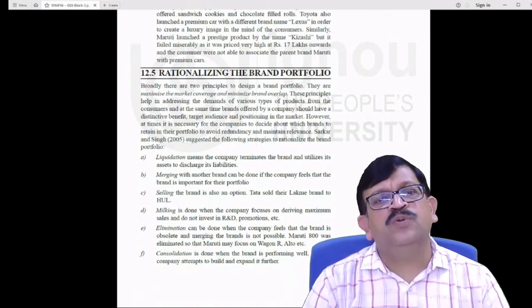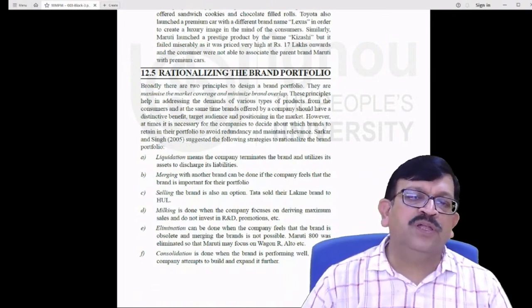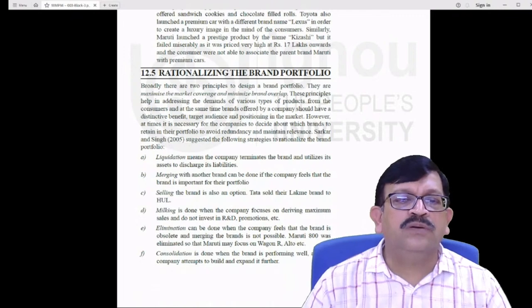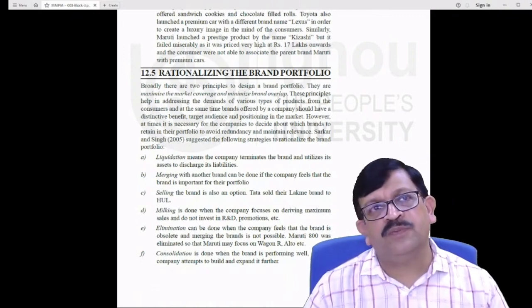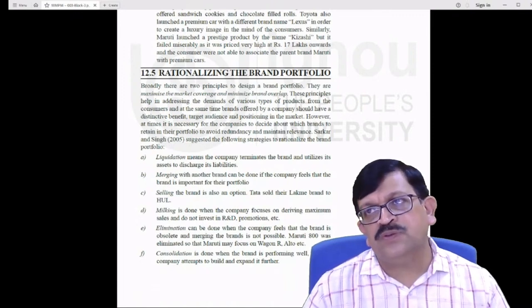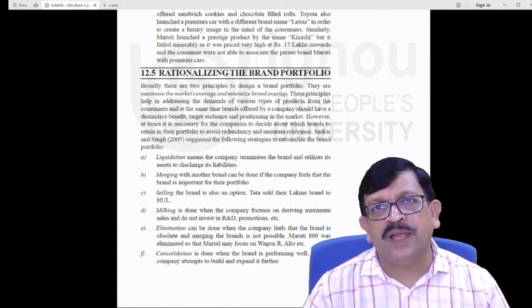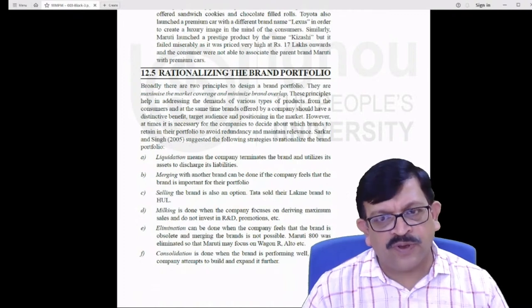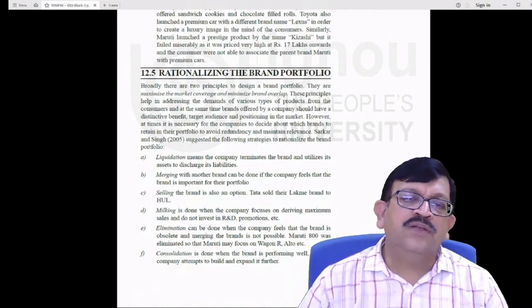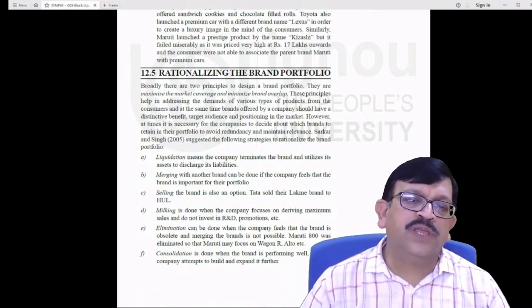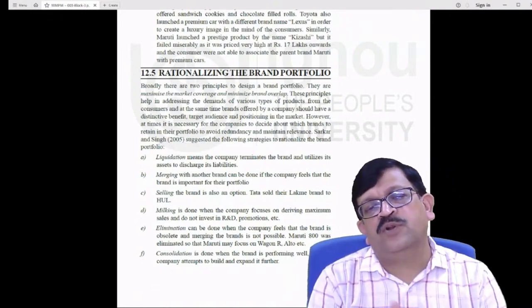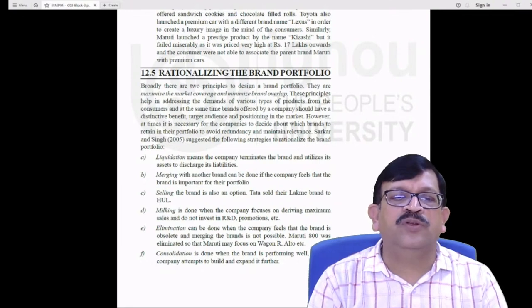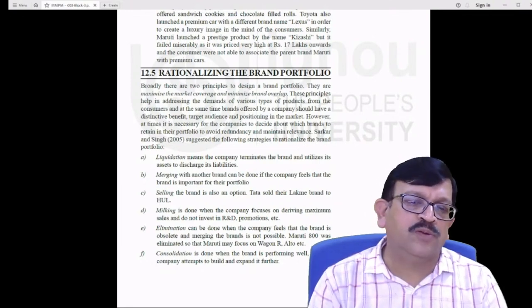The elimination is almost along the same line as the liquidation. The only thing is that you don't merge or do anything, but because the product becomes obsolete, finds no acceptance, no differentiation in the marketplace, it shows falling sales. So you would like to take it out and substitute the market with a much better product, like what Maruti did with WagonR and Alto.